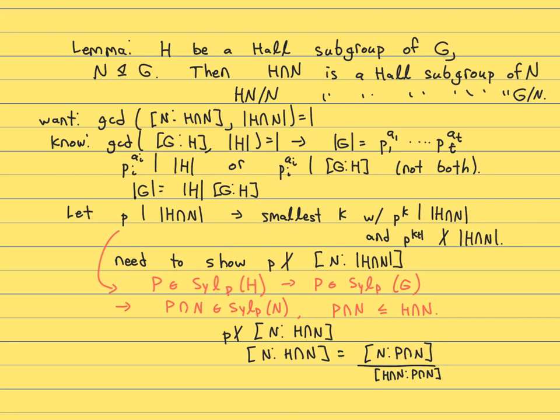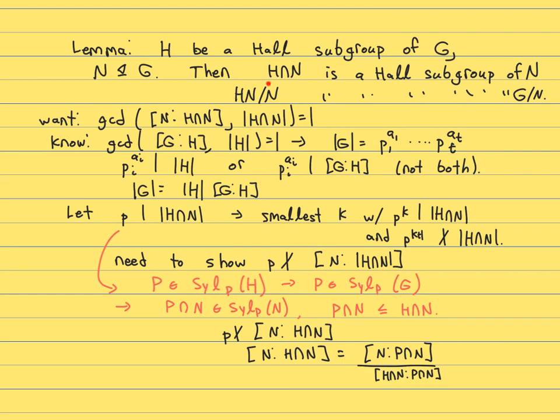So this numerator does not have any power of p in it. And so this doesn't have any power of p either. And so we finally managed to show what we wanted. For any prime divisor of H intersect N, that prime does not divide the index. And so these two things are relatively prime. Therefore, H intersect N is in fact a Hall subgroup. So that takes care of this part.